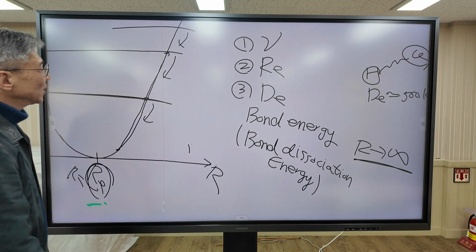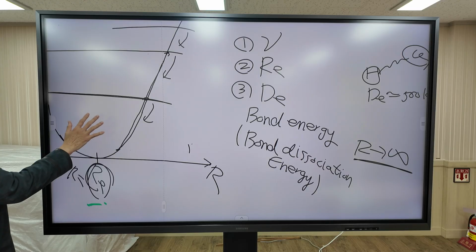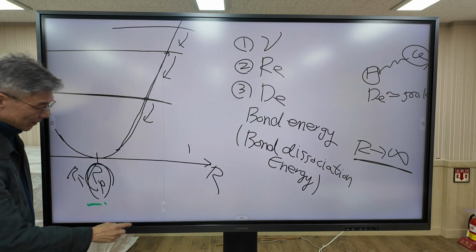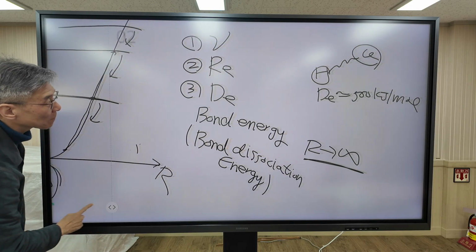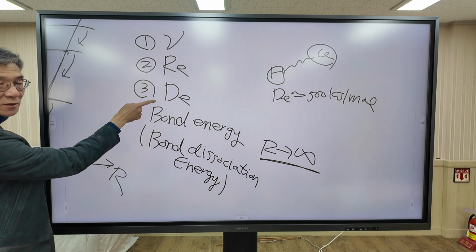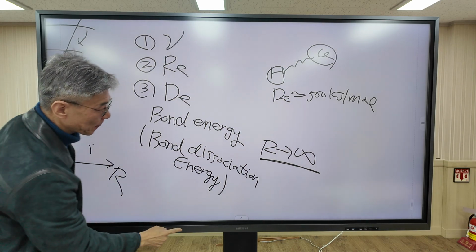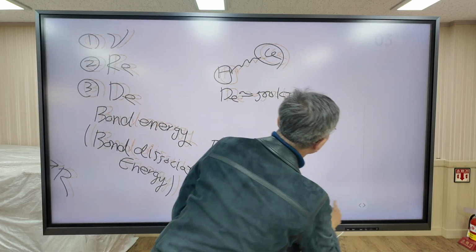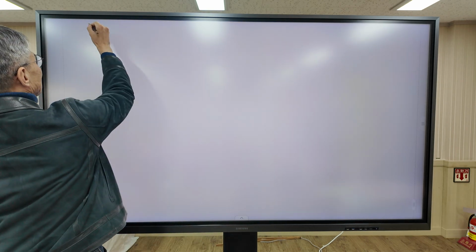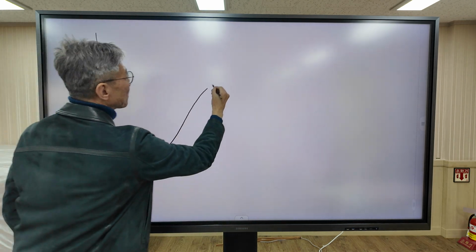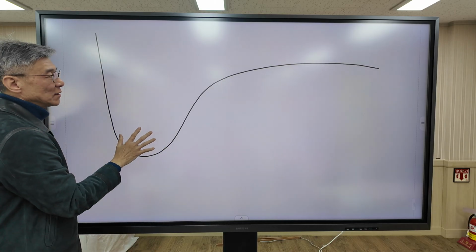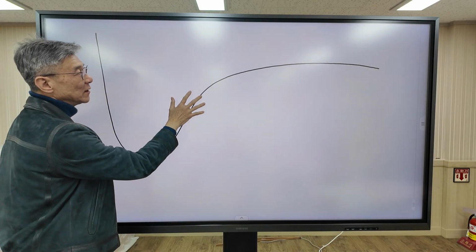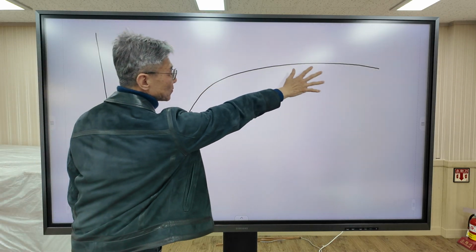So we need to modify the potential energy curve a little bit. I'm going to modify the potential energy of this one to explain bond dissociation energy. So the modified potential energy curve looks like this. This potential energy curve is open-ended on the right side here.